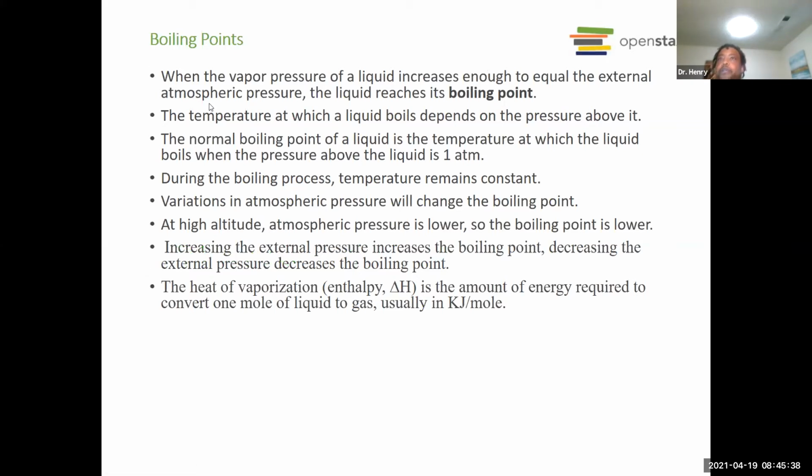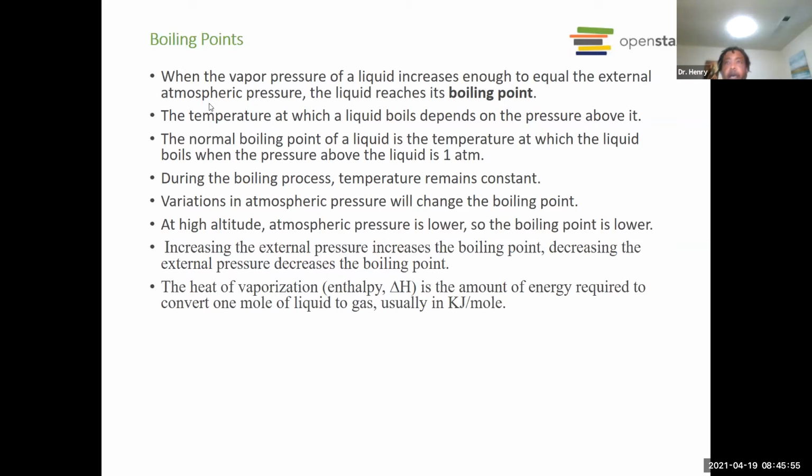Okay, so let's see. Boiling points. Now, boiling points are going to be affected by the same thing, right? The more of those forces that you have, that's going to increase your boiling point.